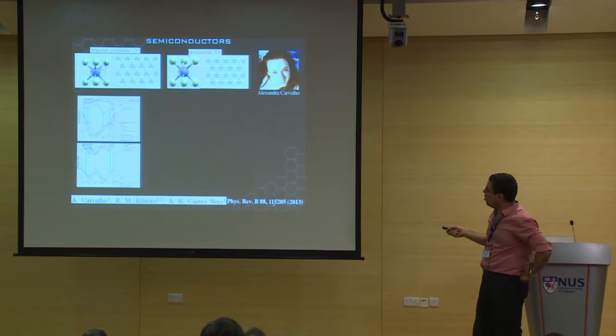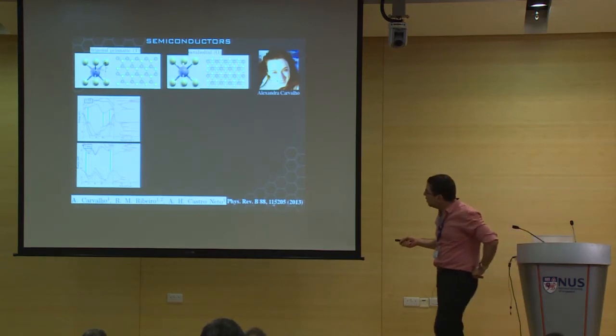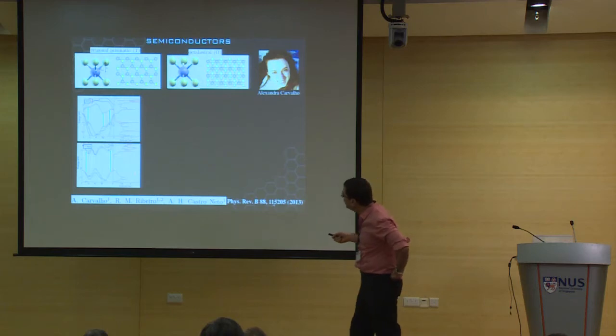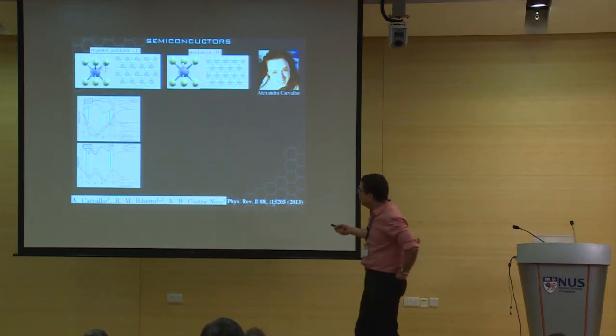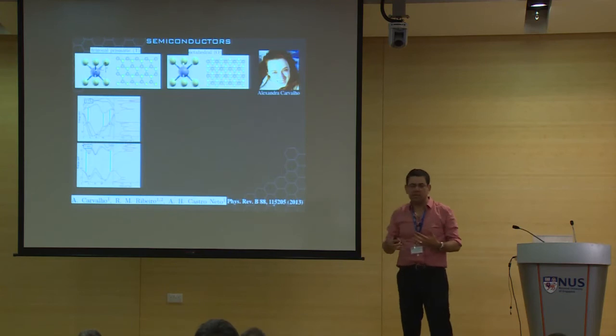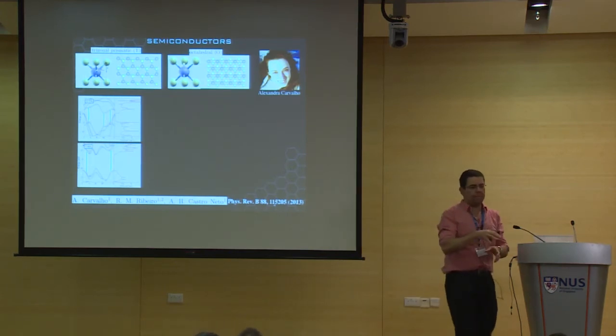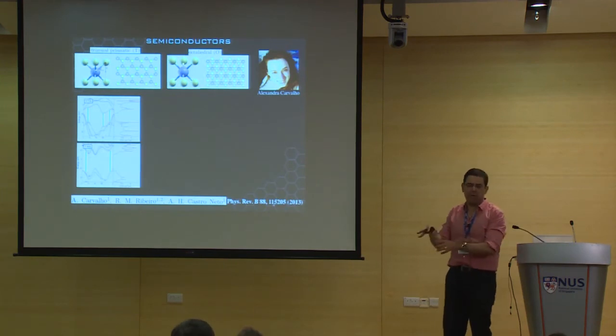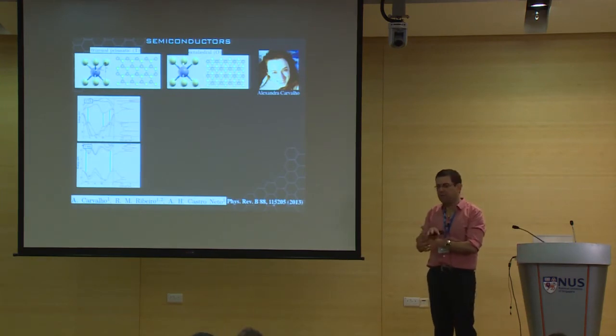Essentially, when you calculate, for instance, these different dichalcogenides, this is titanium disulfide, this is tungsten disulfide, the interesting thing you see is that when you have similar geometric structures, you get similar electronic band structures. The details are different, but the overall topology is very similar.